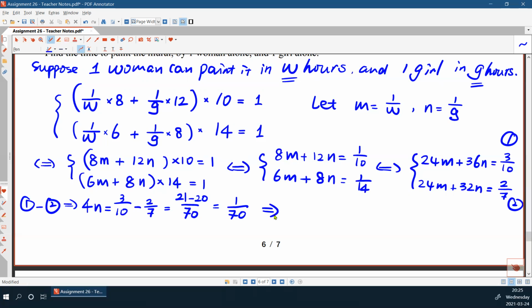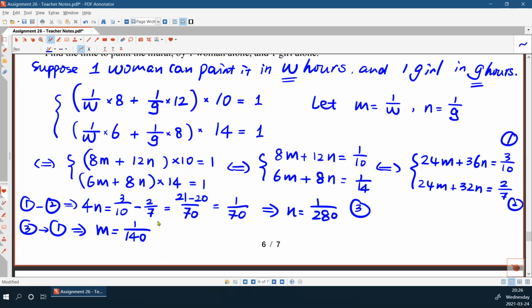So that means N is 1 over 280. Let's call this number 3. Then we can put number 3 back into number 1, which we can get M is 1 over 140, right?